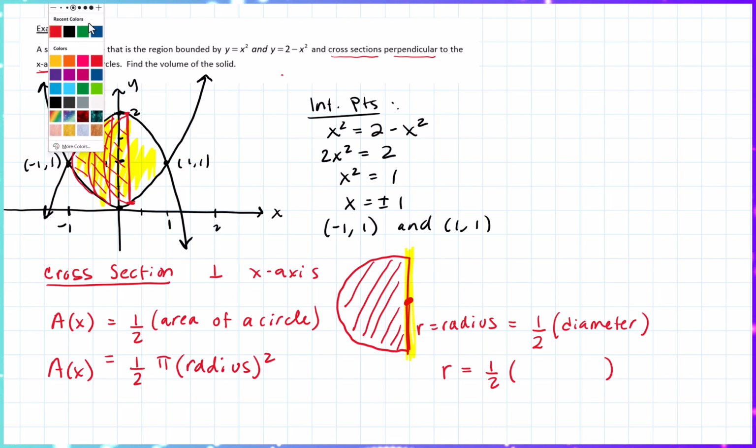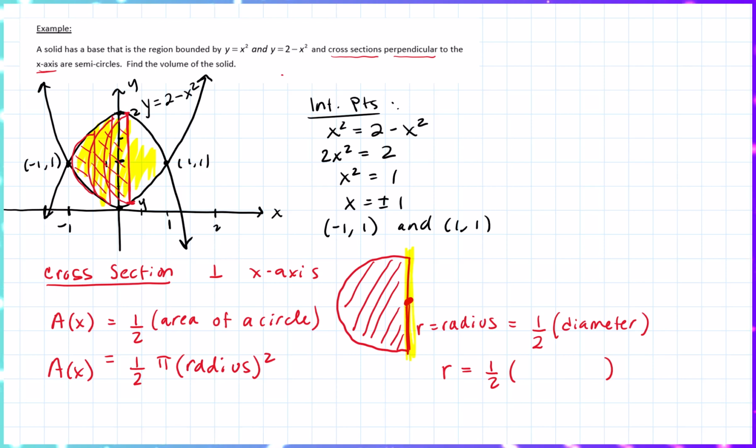Which was the parabola on top? Let's label these. This was y equals 2 minus x squared, and this parabola down here was y equals x squared. So our diameter is actually going to be, I'll do it in red, 2 minus x squared minus x squared.